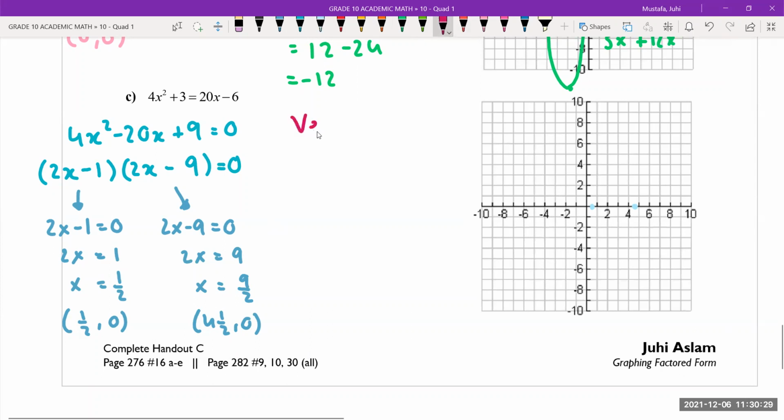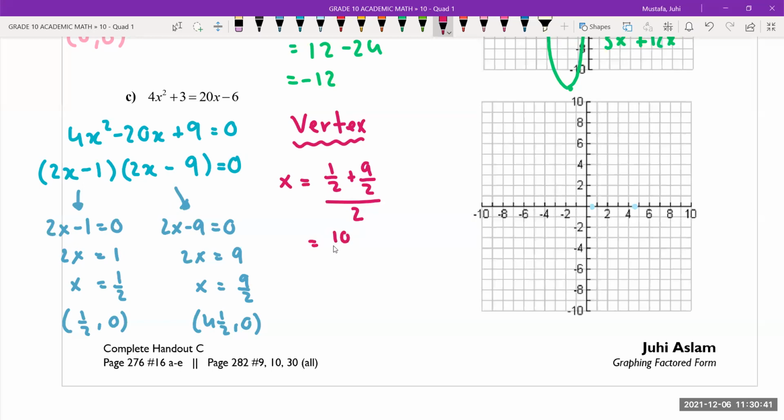So now I'm going to figure out our vertex. The x value of our vertex is just an average of these points. So it's going to be 1/2 plus 9/2 all over 2. This is going to be 10/2, and this is actually going to become 10 times 1/2, right? I take the reciprocal. It's like divided by 2 is times 1/2. And this is going to be 10/4, which is 5/2.